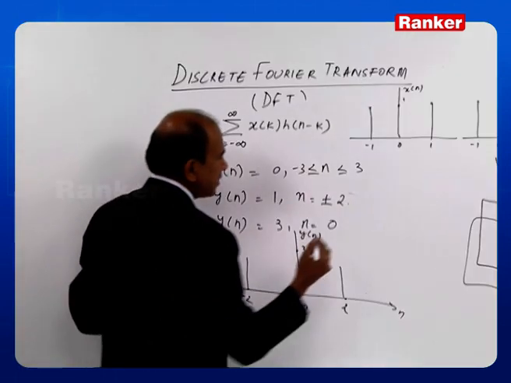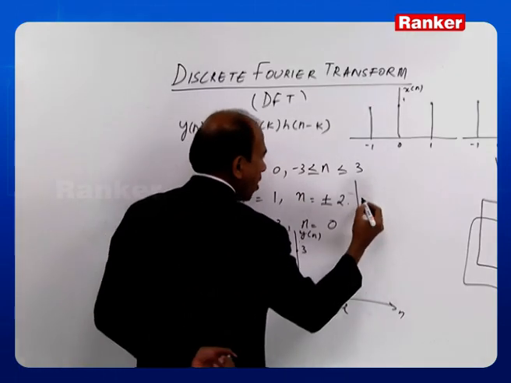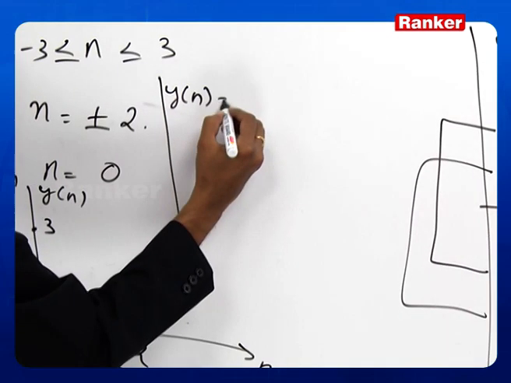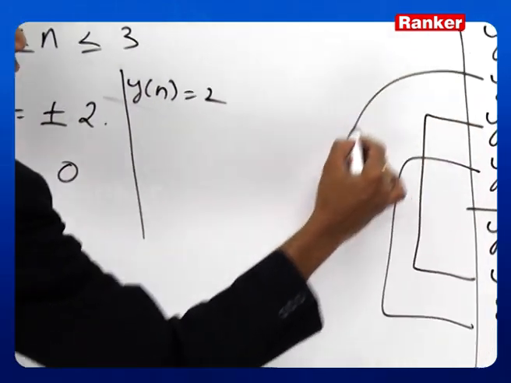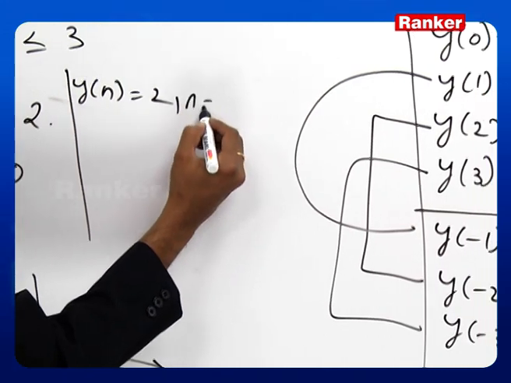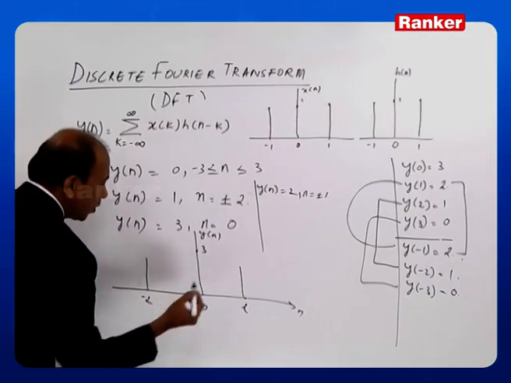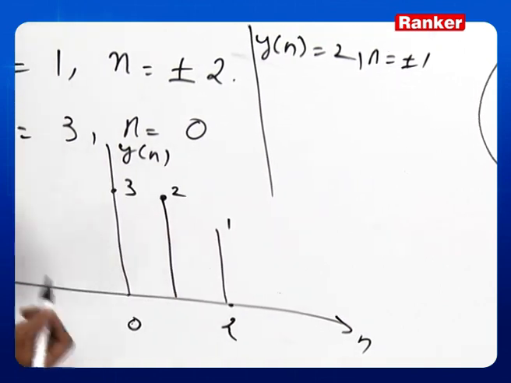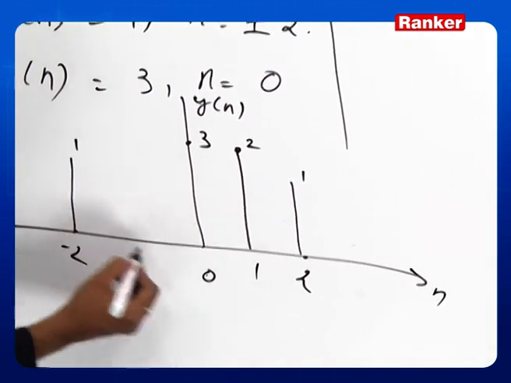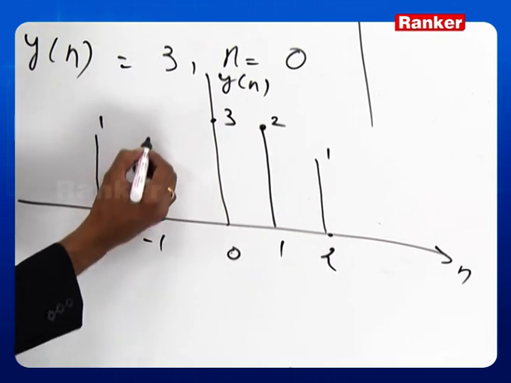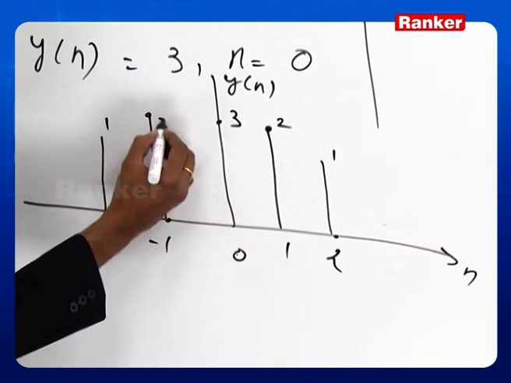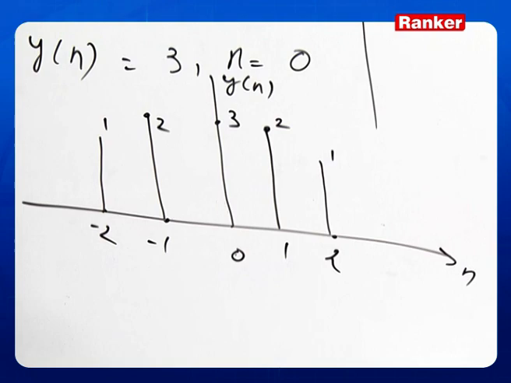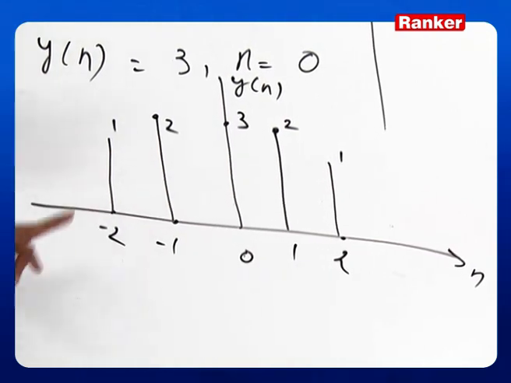Also, if you look at this, there is again y of n equal to 2 for these two cases, when n is equal to plus or minus 1. So, this will be equal to 2. So, this is how y of n looks like.